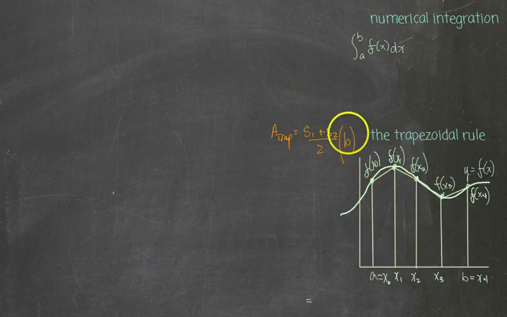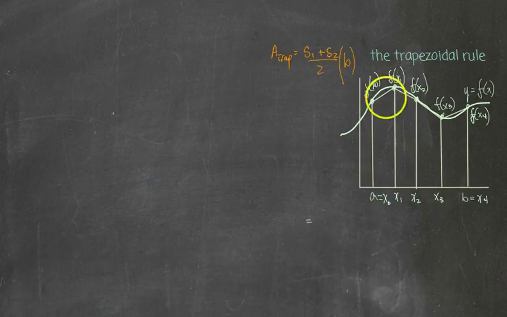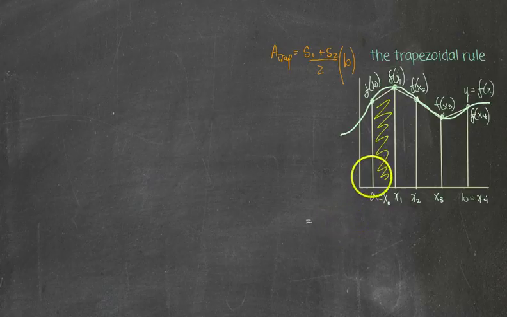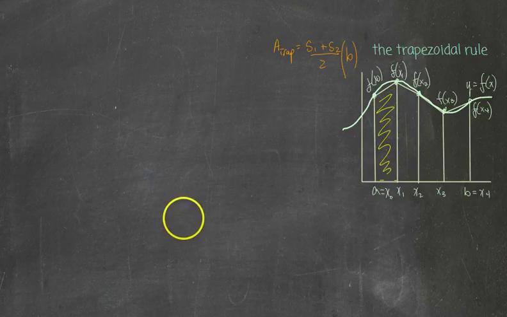I would say then that the area of this first trapezoid would be written as, well, the heights of the lines, just this part, I would write as, let me back up here, give me lots of room.